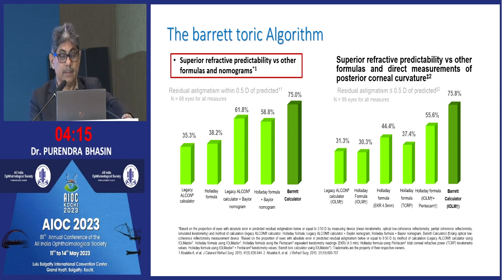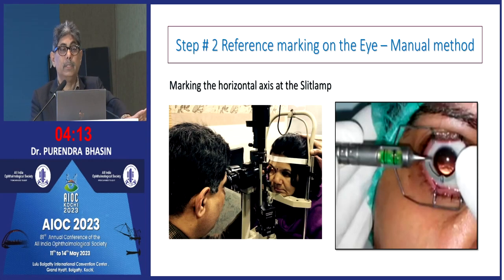Now coming to step 2. After determining the magnitude and axis of astigmatism you are going to correct, and you have placed an order with the company and finalized the lens, on the day of surgery you have to mark the patient pre-operatively if you don't have an automated or digital marker system.